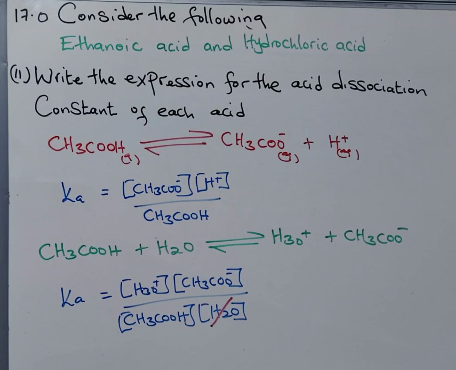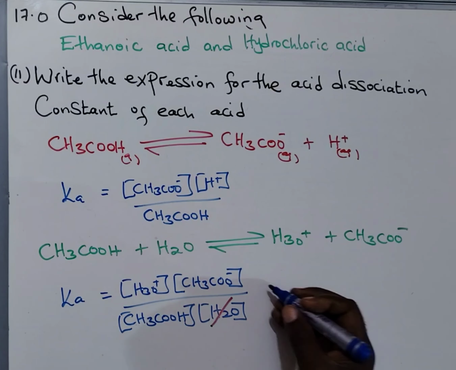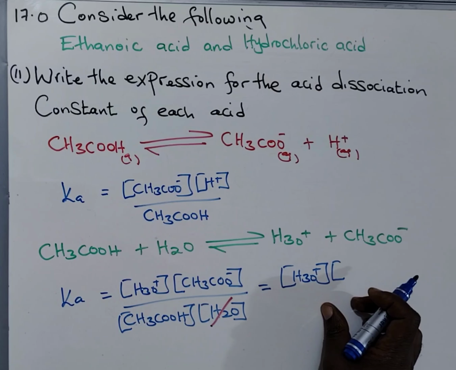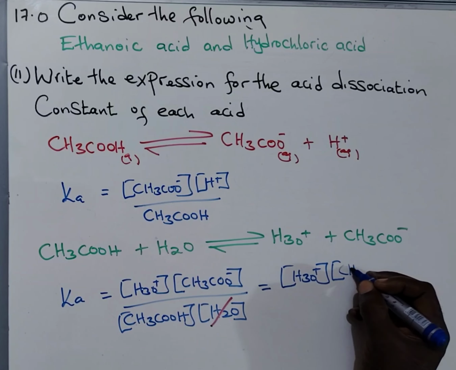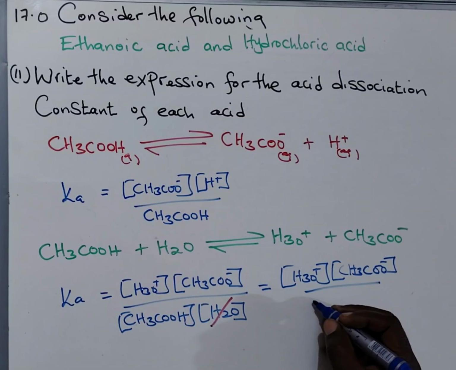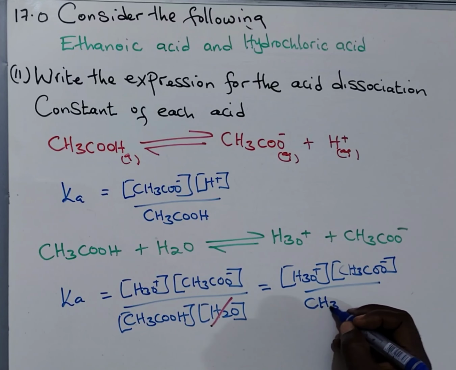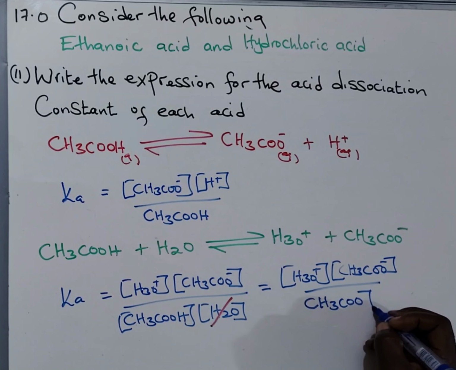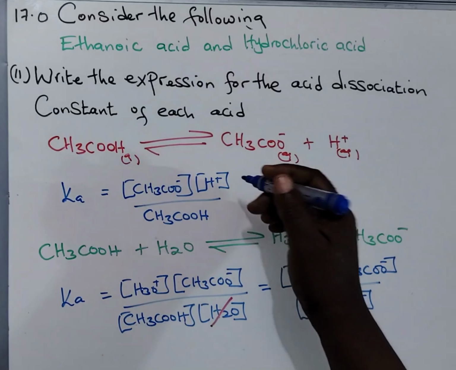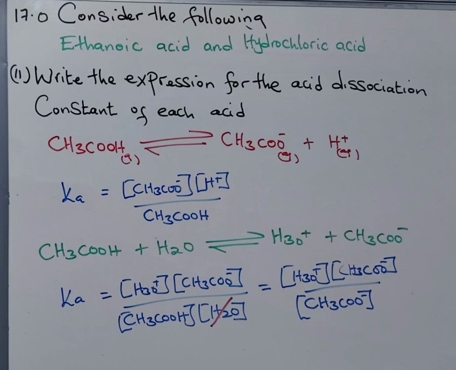When you leave it out, what you get is the concentration of hydronium ion times the concentration of ethanoate ion over the concentration of ethanoic acid, which is exactly the same as this. So both approaches give you the same Ka expression, the same acid dissociation constant.